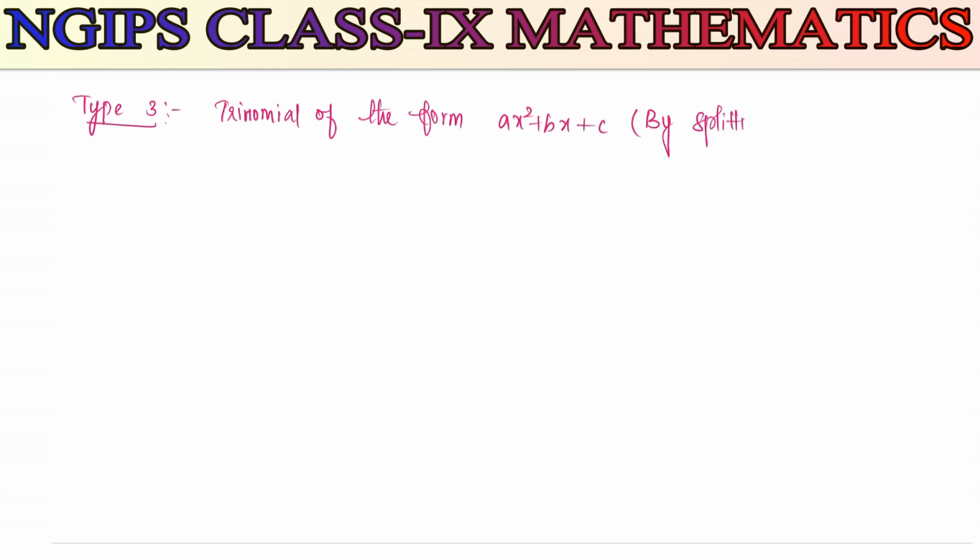Okay, now we are going to discuss type 3: trinomial of the form ax square plus bx plus c, by splitting the middle term.